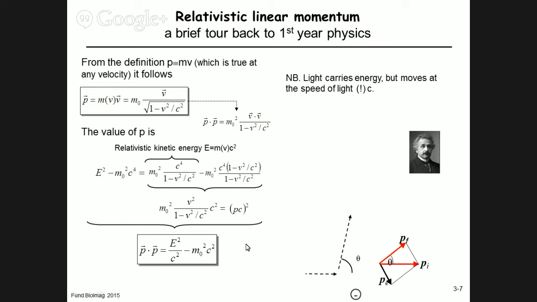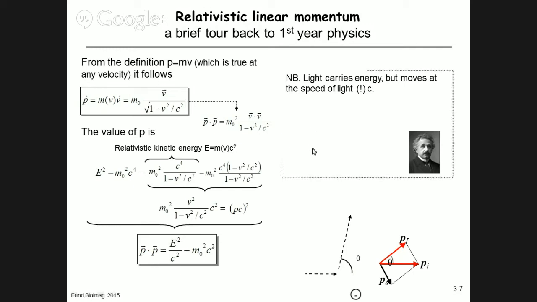Now, what about the photon? The photon carries energy, obviously. Sitting outside, the sun heats us, and it does so with photons, so they must carry energy. But it moves at the speed of light, so the photon is a particle, if you will, that has no rest mass. If you were to travel with the photon at its speed, you would not see any mass.